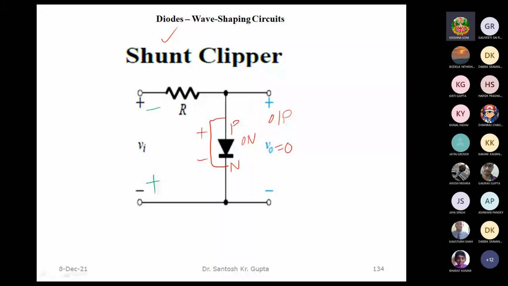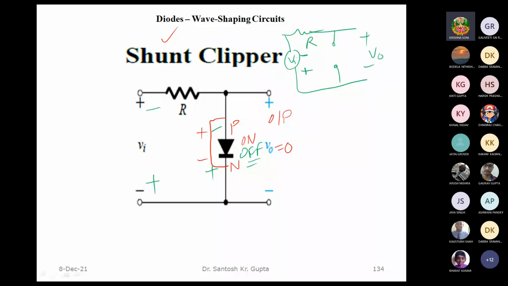With this polarity, the diode is now off. If the diode is off, we can replace it by an open circuit. Then our circuit will look like this: resistance R is here, the voltage VI is here with this polarity, and there is some output voltage.